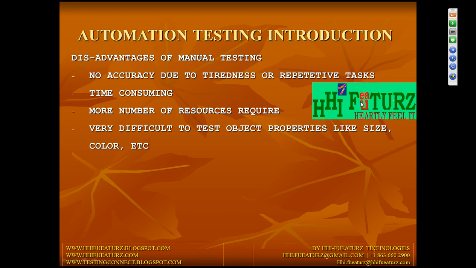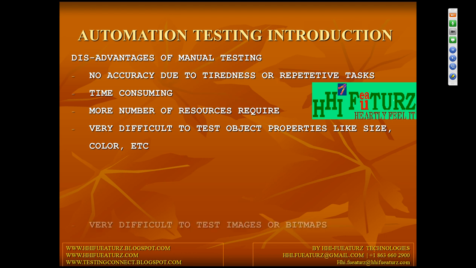Is it really possible to validate this image's exact brightness or exact intensity with our eyes? Here you are seeing one flower, right? Is it really possible to validate exact brightness, exact color? Roughly you can estimate, but the same brightness, the same impact, you cannot validate. This is another major drawback of manual testing.